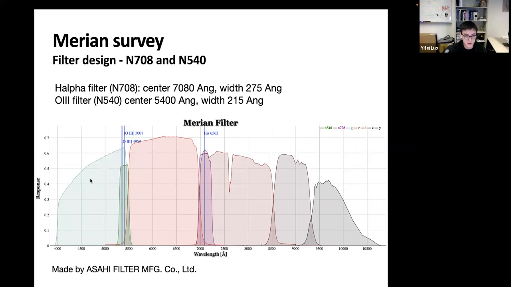And you also see in the background the HSC broadband filters. There's a coincidence, well, not really a coincidence, but you can see our N540 and N708 sit just between the G band, R band and I band of HSC. So that can also improve and help the photo-z for HSC, even for other galaxies.